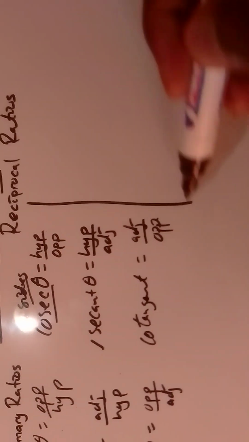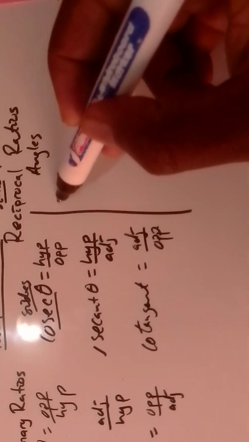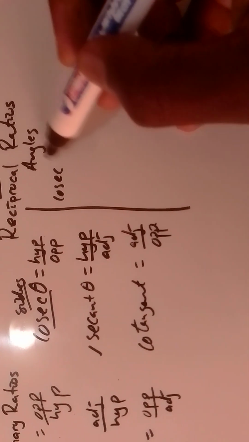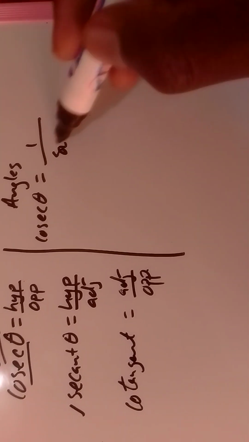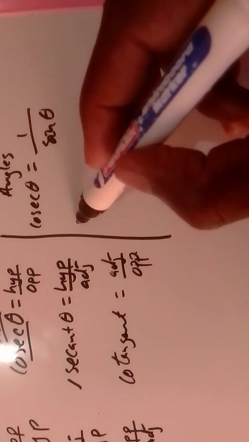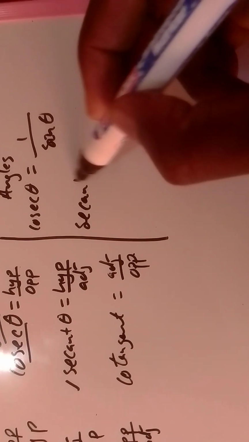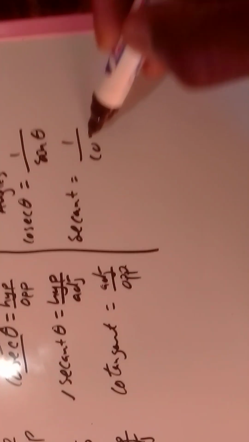Then for the reciprocal ratios that require angles, you just say cosec theta is equal to 1 over sin theta. When it's secant, the opposite of cos, you say secant is equal to 1 over cos theta.